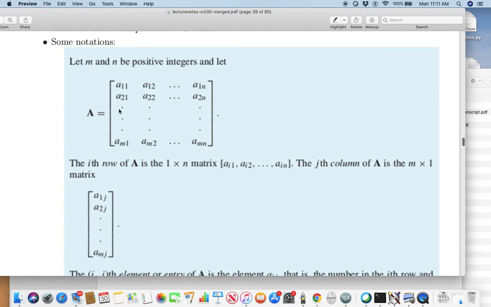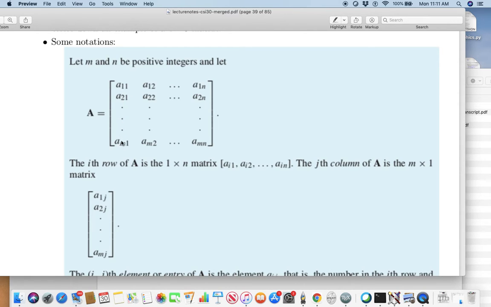Some notations. So here is an m by n matrix. M rows, first row, second row, and so on, and n columns, first column, second column, and so on. You see, the last column is the nth column, whereas the last row is the mth row.